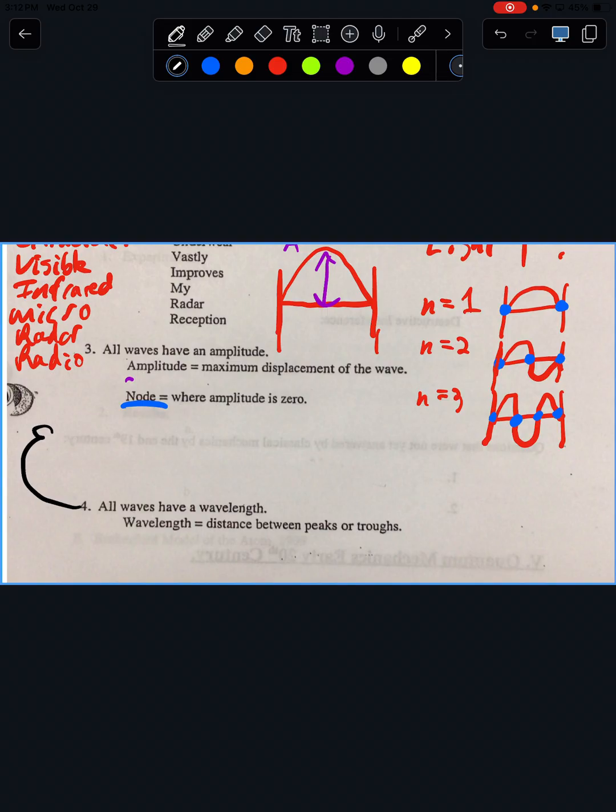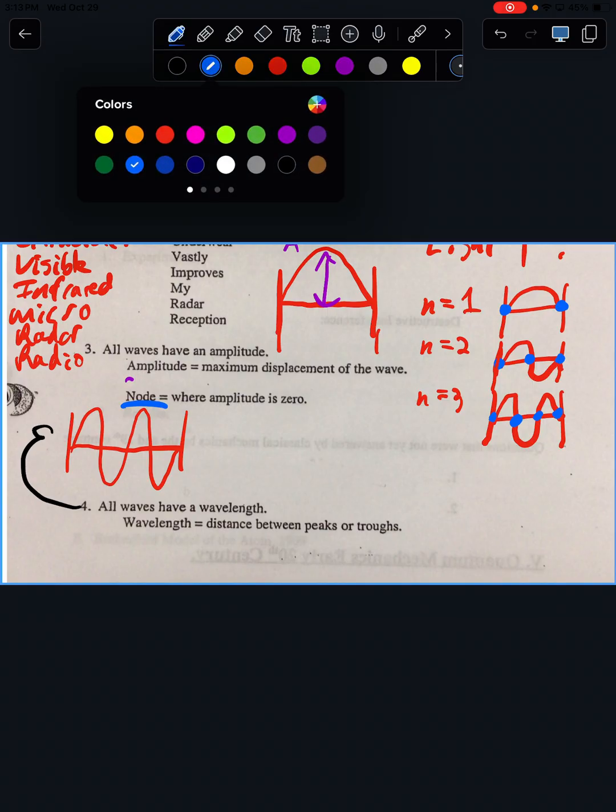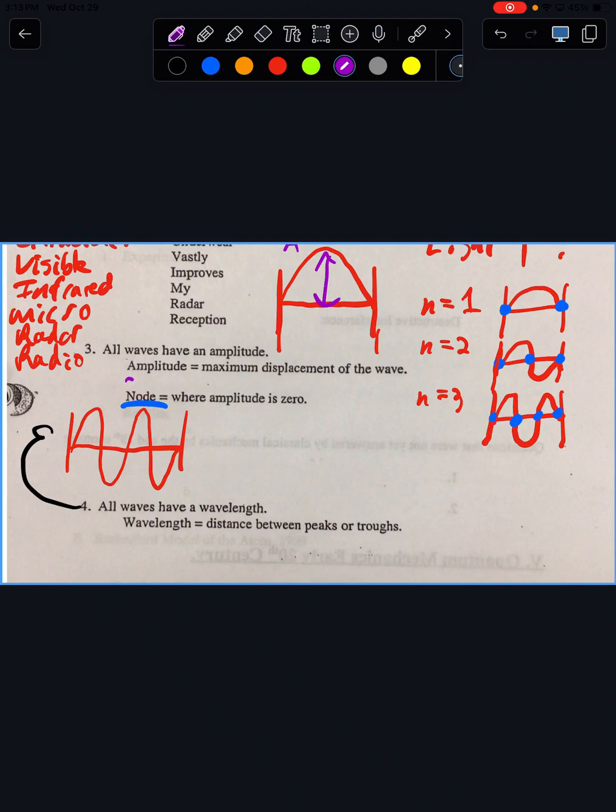I'm going to put number 4 up here. All waves have a wavelength. It's the distance between two peaks, or the distance between two troughs.